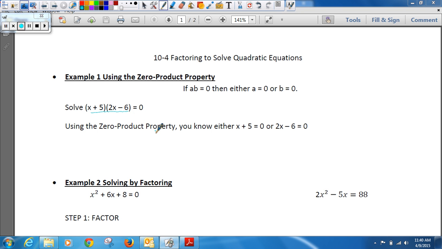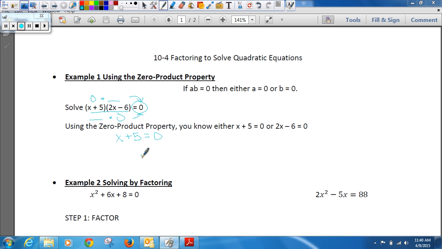So to use the zero product property, you know in order for this to equal 0 like it says, it either has to be 0 times this number or this number times 0, because anything times 0 will give us the solution 0 here. So what you do is you set each part or each term equal to 0 and solve.